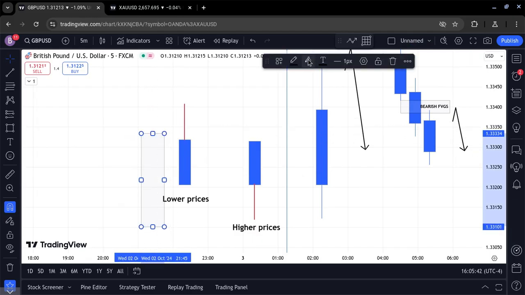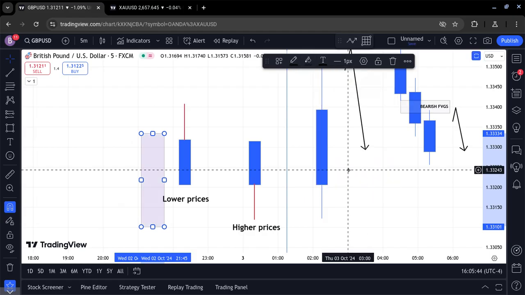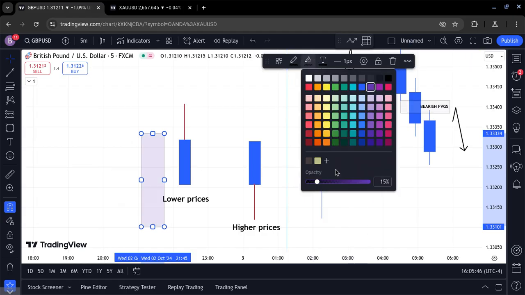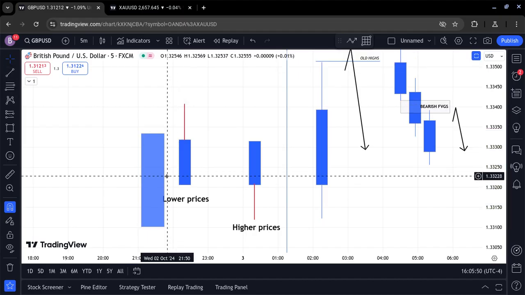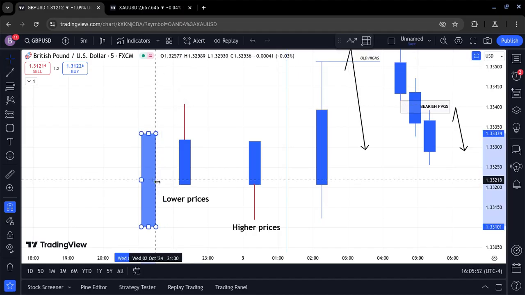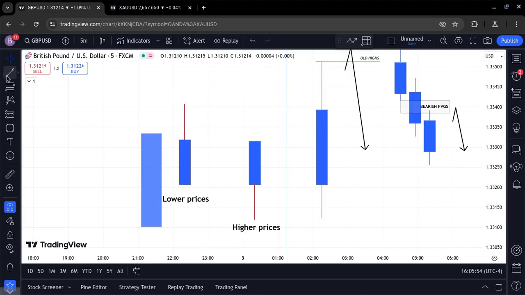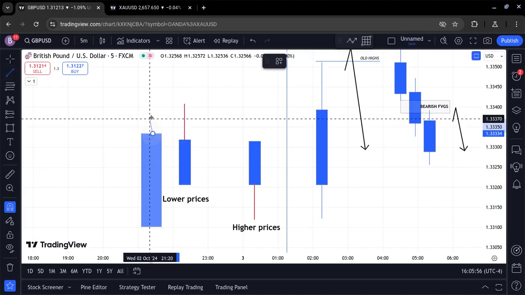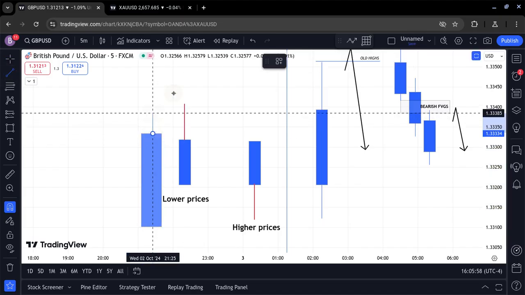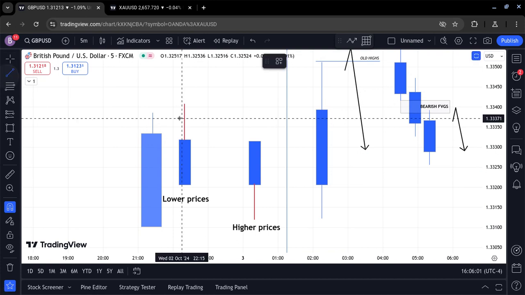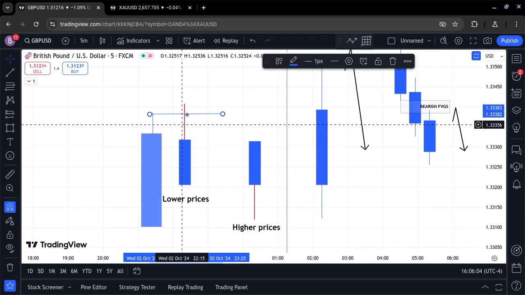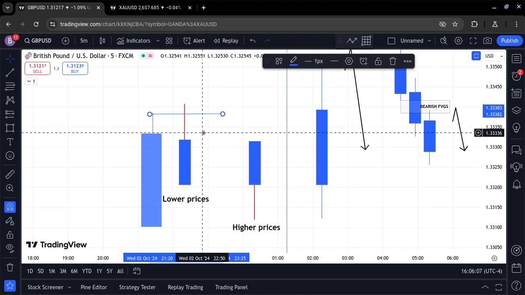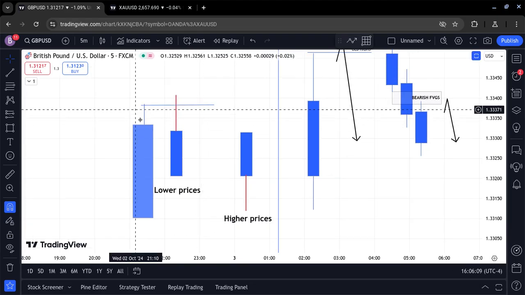That's your range. Range has formed. This candle has turtle soupped this high, closed below, and this is a close below, wick above, lower prices. You understand? This is your narrative.